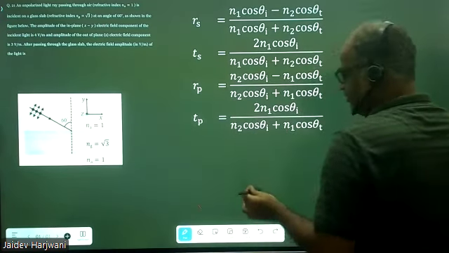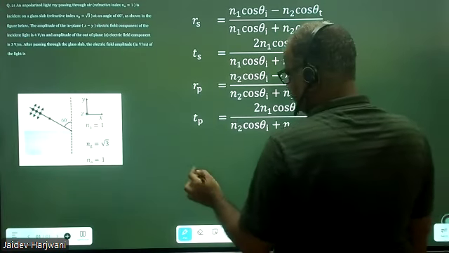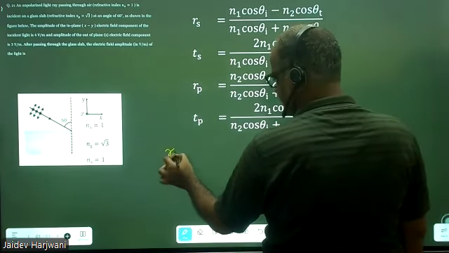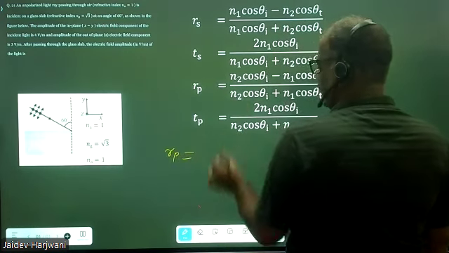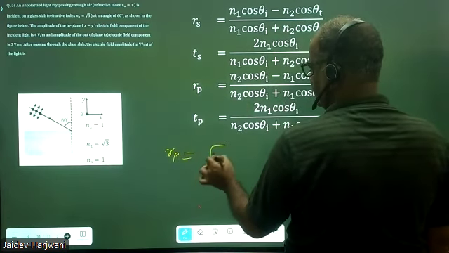So first let us talk about the parallel component, RP. If I calculate the value of RP, n2 is glass, √3.